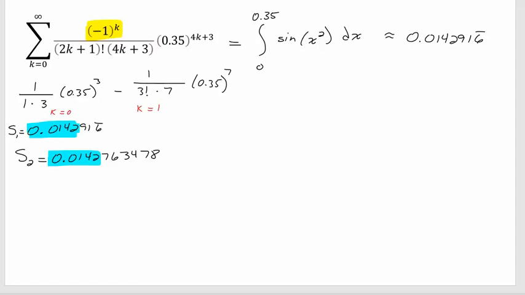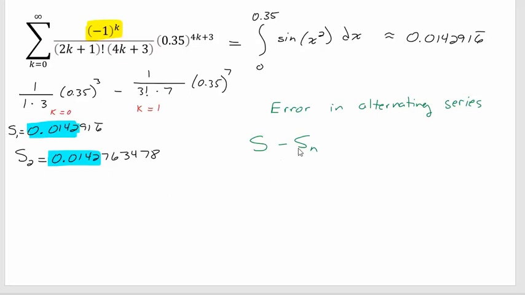So if you remember the error in using an alternating series to approximate, all right, let's say you add up the sum of the first n terms. How far off is that from the actual sum, right? Let's say this is the actual infinite sum, and you subtract those.